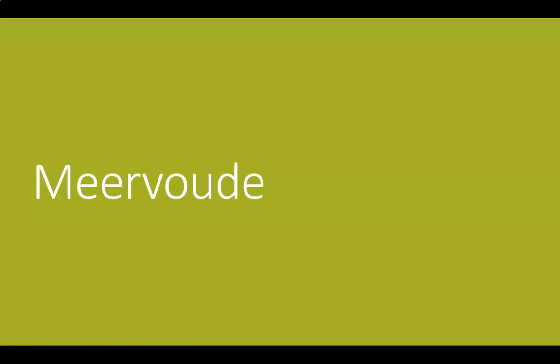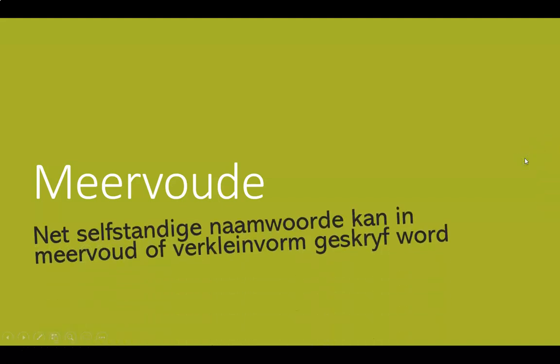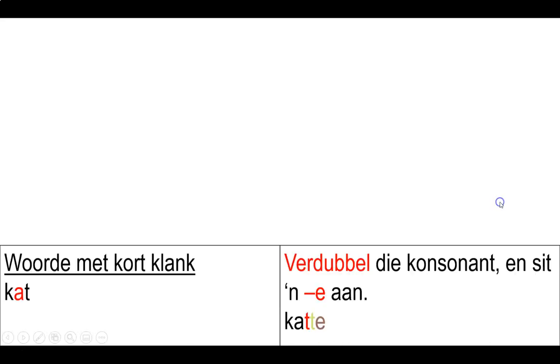So meervoud as opposed to enkelvoud. What we also need to remember is that only nouns can be put into the plural or the diminutive. So get your pens and paper ready. We're going to go through the rules. It is written in Afrikaans, but I will narrate it in English as we go through the notes.